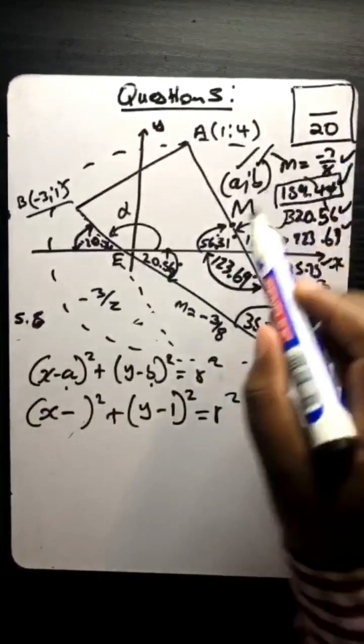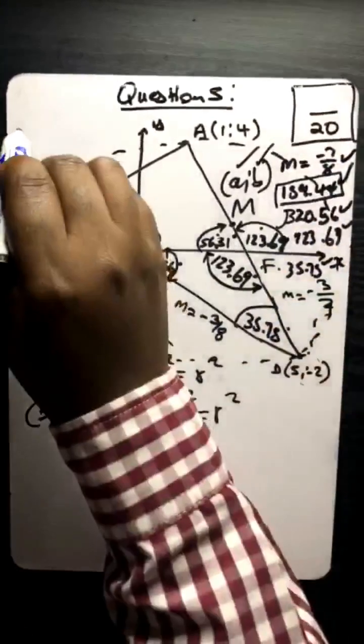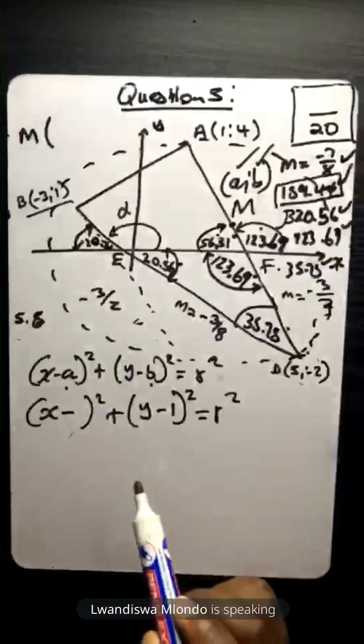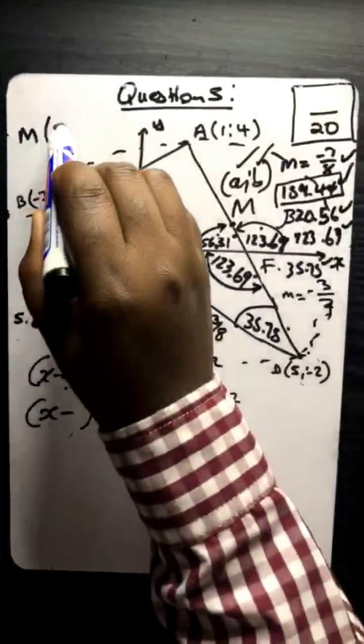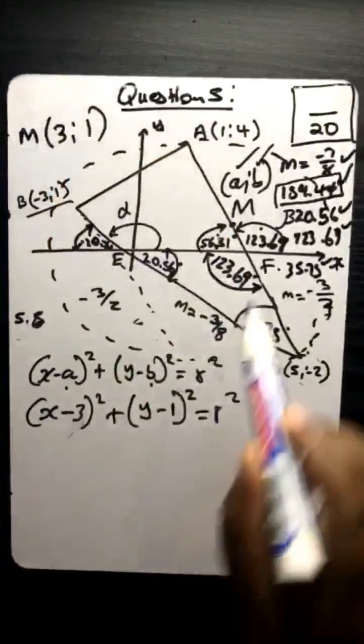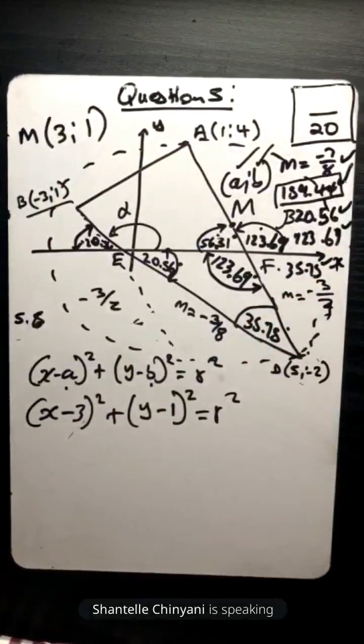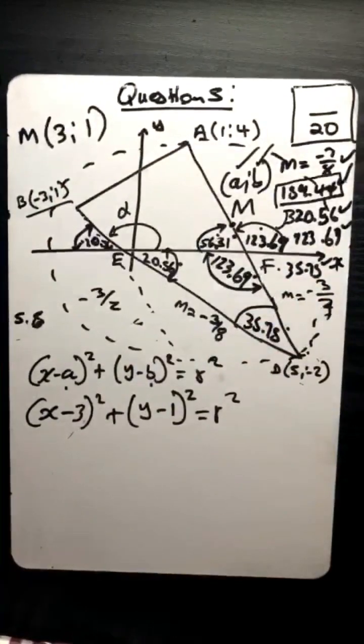But for M, when we were calculating the midpoint, what values did we get for M? 3 and 1, sir. 3 and 1. So that means a is 3 and b is 1. I'm not sure if it makes sense to everyone, or am I doing it incorrectly? Yes, sir, I see my mistake. Oh, okay.